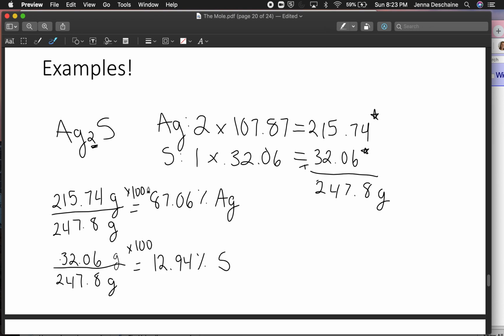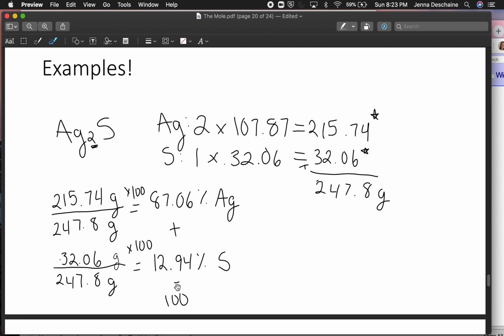All right, so make sure that at the end of your problems these two numbers will equal 100%. Okay, so 87.06 plus 12.94 is 100%, so I'm all good with that. Okay, so that would be a good idea to do, just to make sure that your percentages add up to 100.